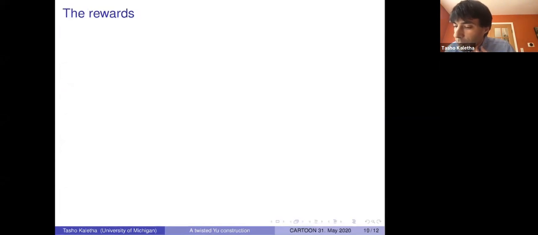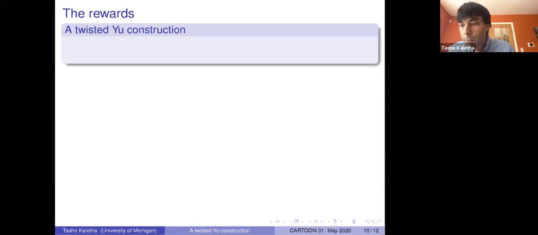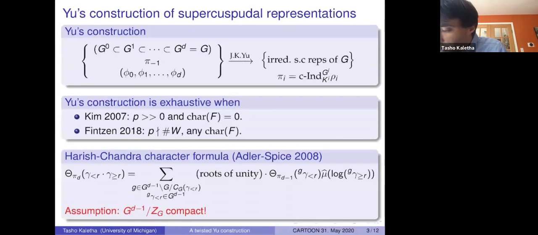So let me now move to the rewards that we get from this. The first reward is the one that we were hoping for, a twisted Yu construction. You can take Yu's construction that, I'll remind you, takes this datum here and produces the representation pi by compactly inducing a representation rho.